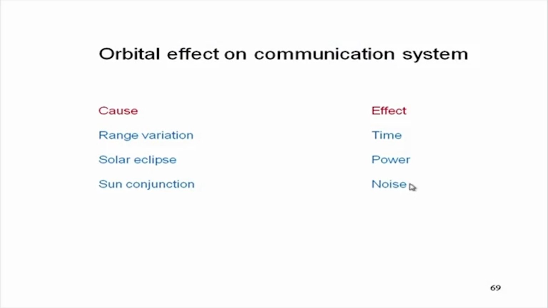The opposite effect occurs at the same time of the year, in the daytime, noon time, when the noise falls on the receiver if it is in line with the satellite and sun.